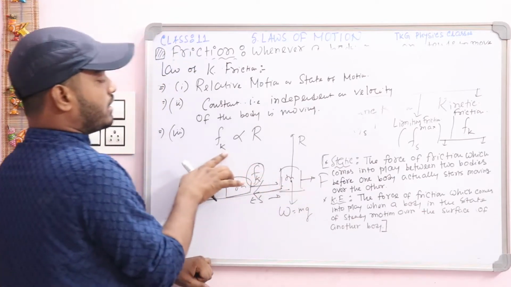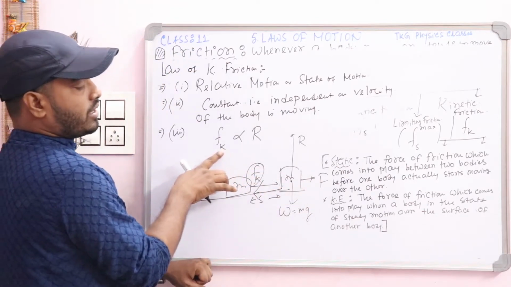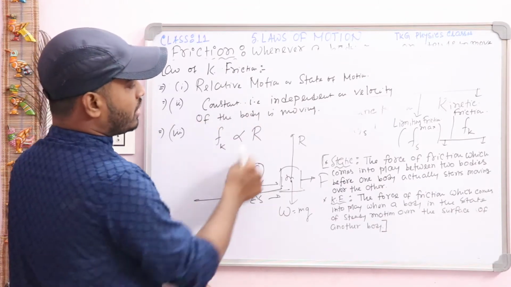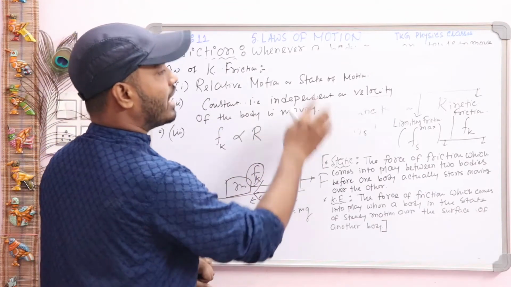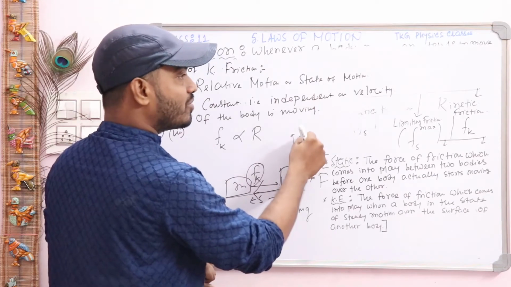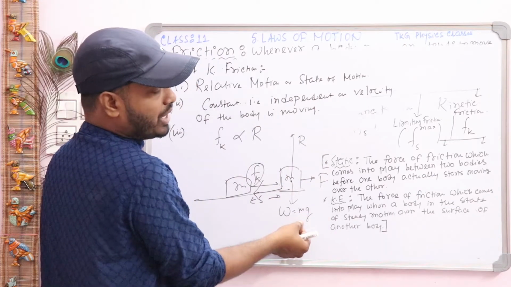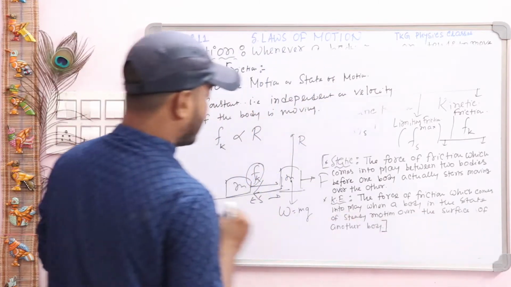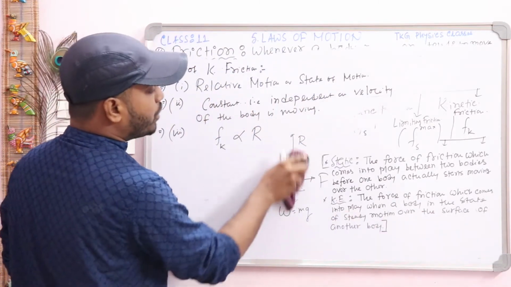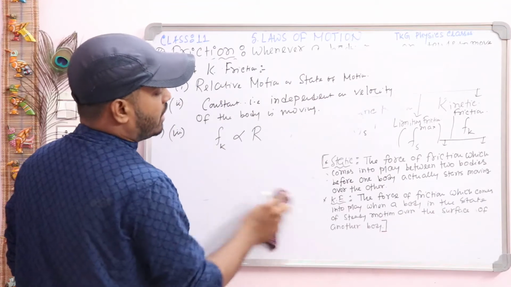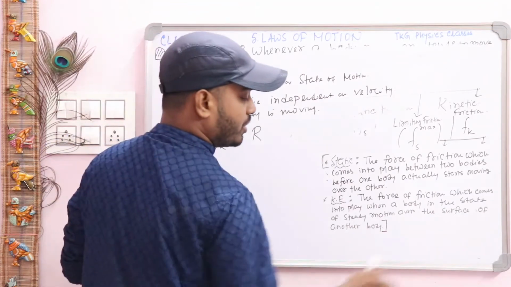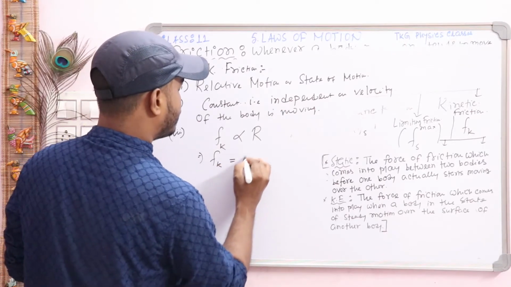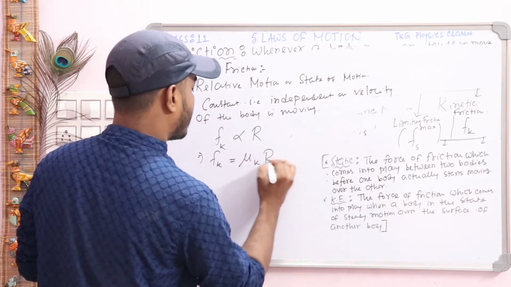That's why it is the friction for kinetic, and this kinetic frictional force directly depends upon the normal reaction force, and you know this normal reaction force depends on the weight of the body. So this point is very important, students, and with the help of this point we will establish the law of friction equation. So Fk is equal to mu k into R.